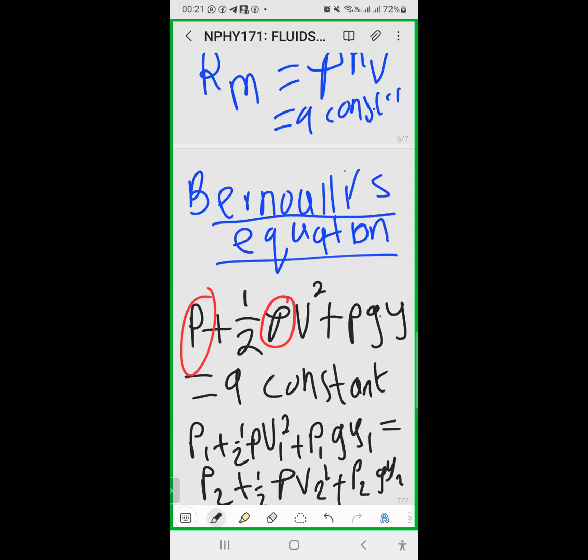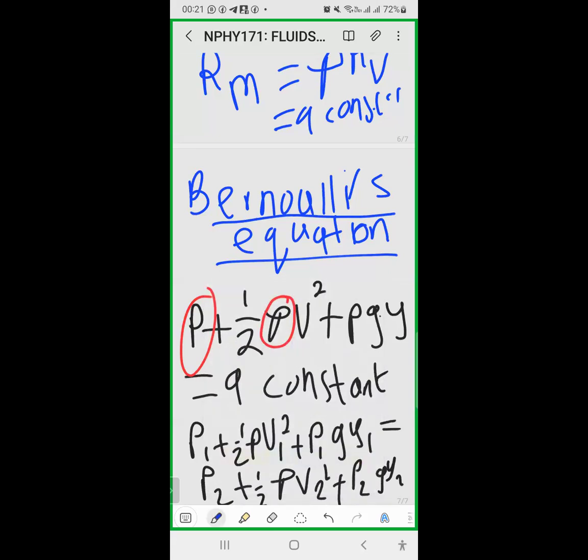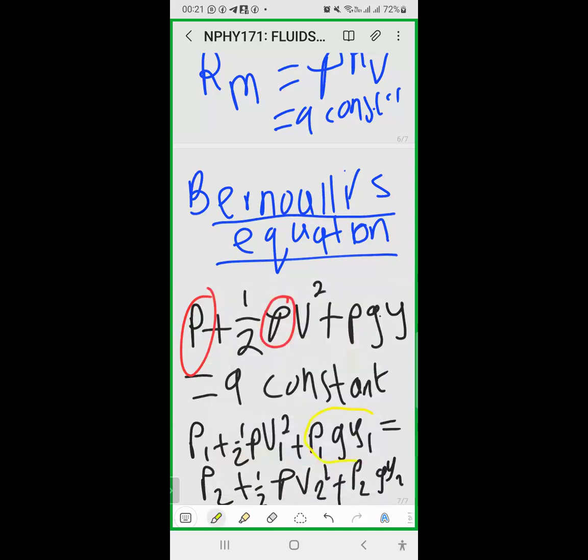Okay, as a result, your y is 0. And in that case, you already see that you have eliminated the rho g y1 and rho g y2 terms, right? And you are only left with P1 plus half rho V1 squared is equal to P2 plus half rho V2 squared, right?